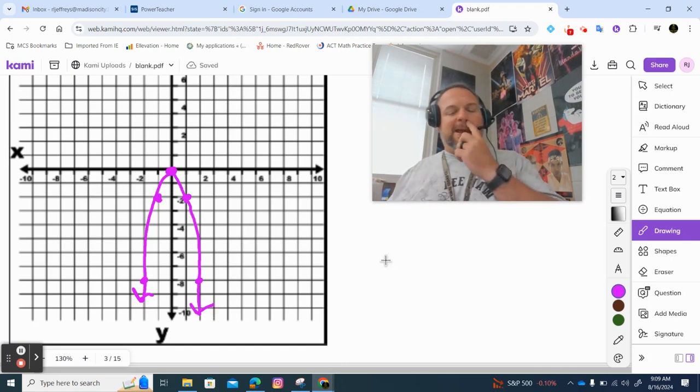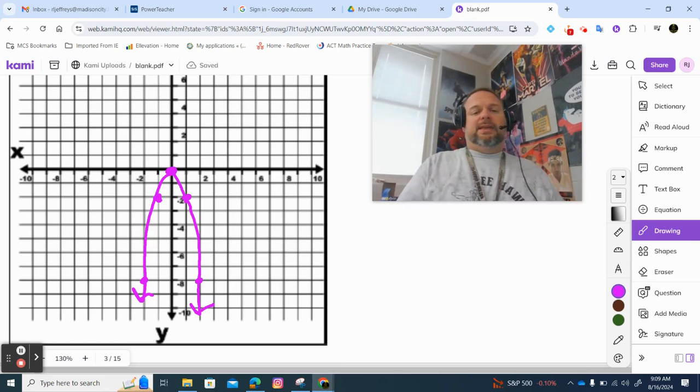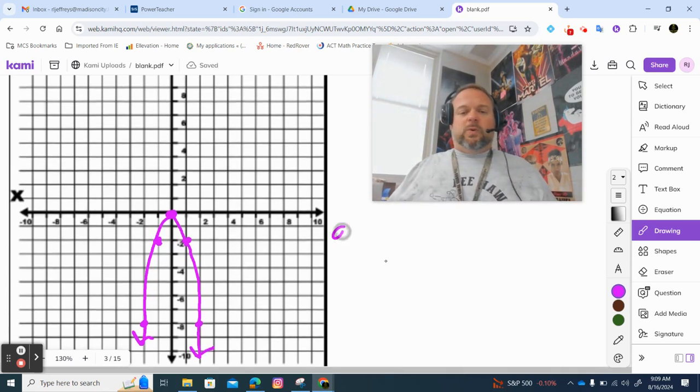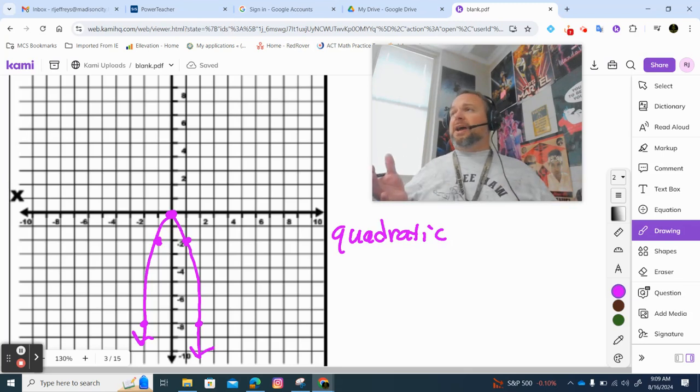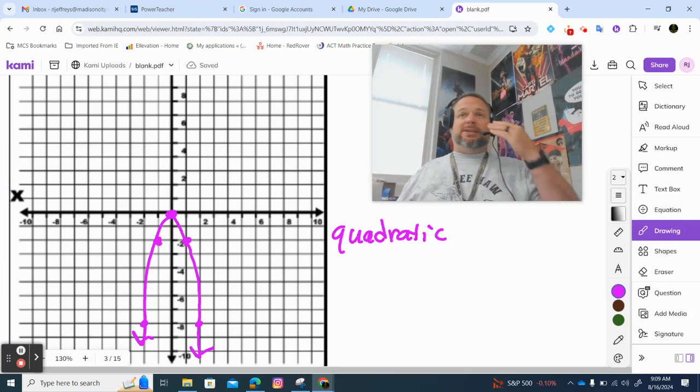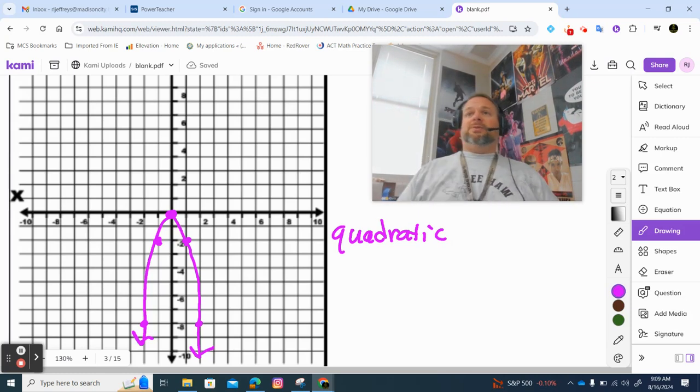All right. Now, this is a quadratic. I know you didn't have to do that, but I did see a lot of people naming that just as extra practice because you do have a section that you have to name this later. Okay.